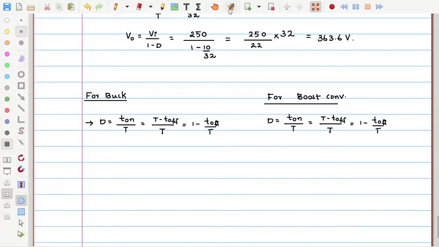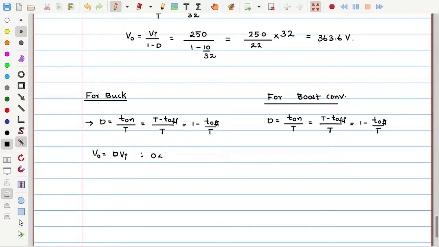No change in that. Next, the output voltage is equal to the duty ratio times the input voltage for the buck converter, and here D is definitely less than 1. See that only if T on is equal to capital T is it 1. Otherwise, in all other situations this will be less than 1.